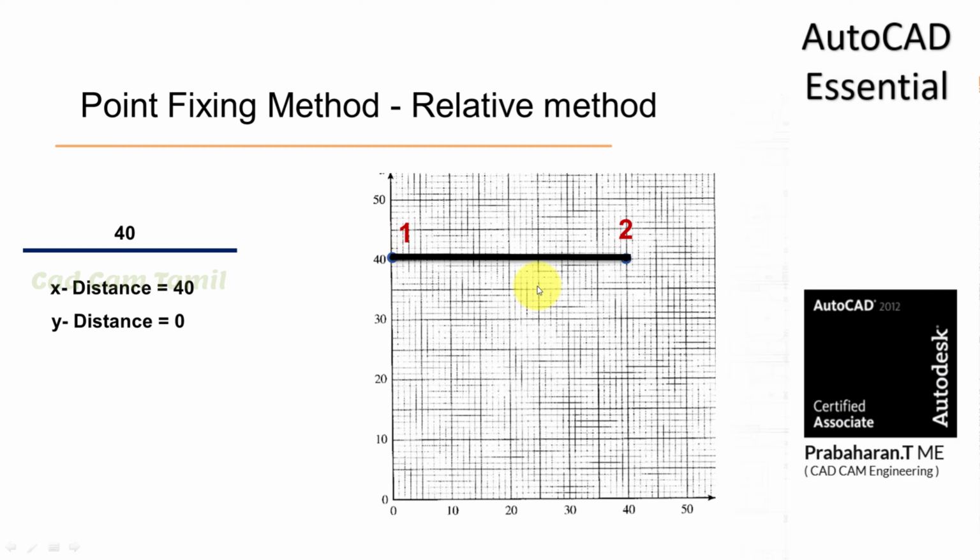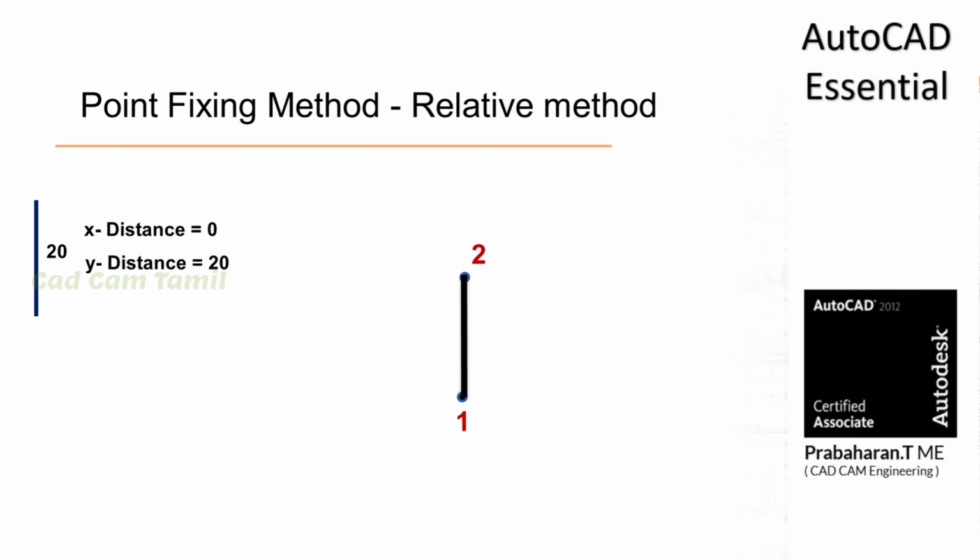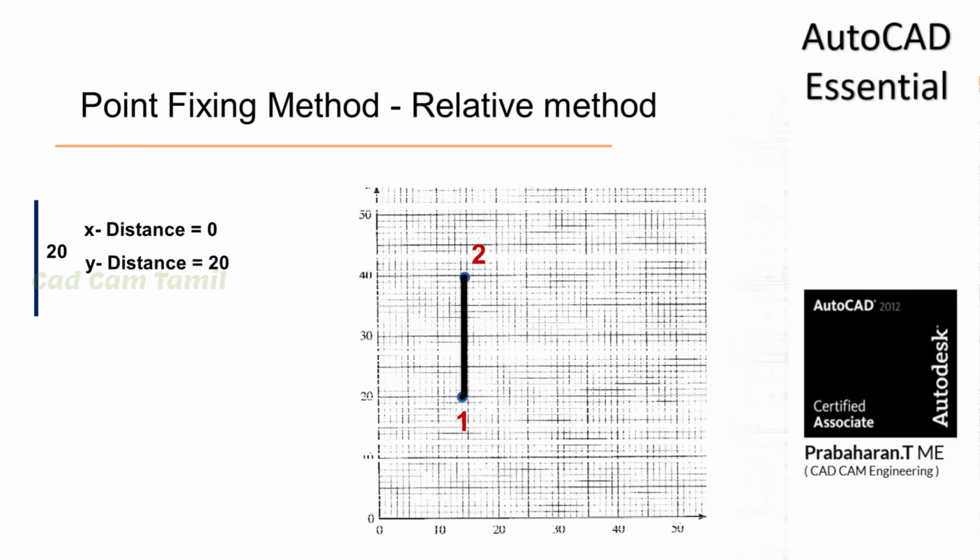In the x direction, it will be 40 mm. What is the gap between point 1 and point 2 in the y direction? There is no gap in the y direction because point 1 and 2 have the same y values. That is why here we get x distance 40, y distance 0. Similarly, take the vertical line and draw it on the graph sheet.